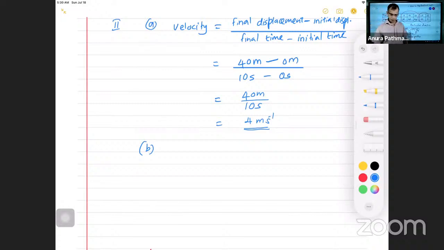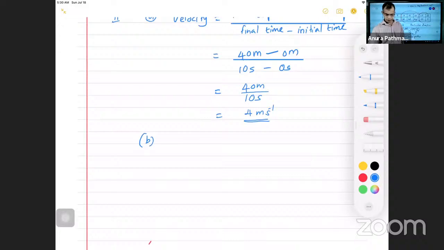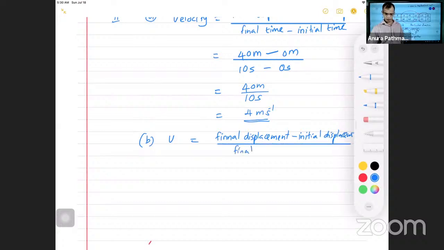As usual, I'm going to write again velocity equals final displacement minus initial displacement, divided by final t minus initial t.